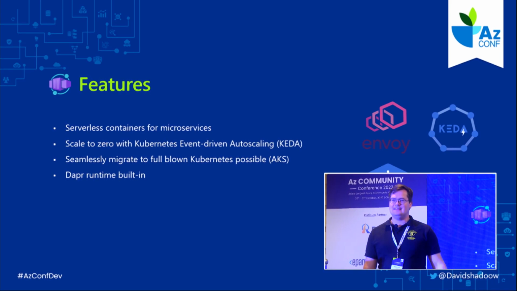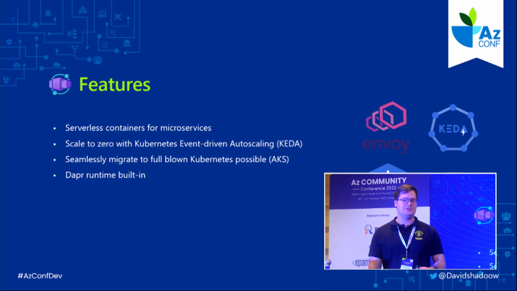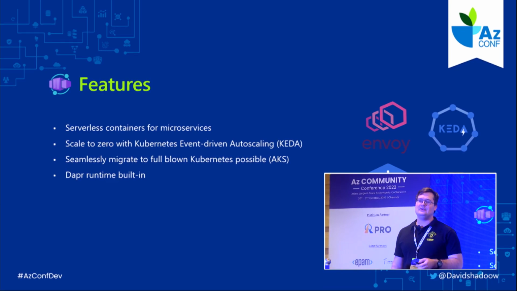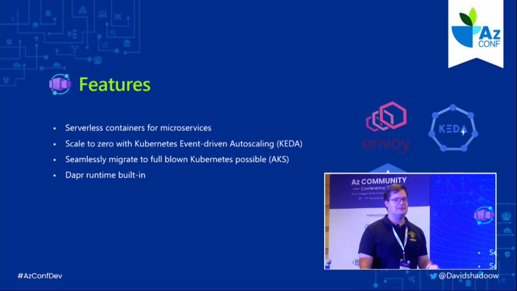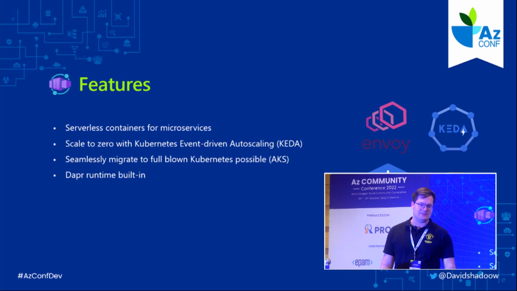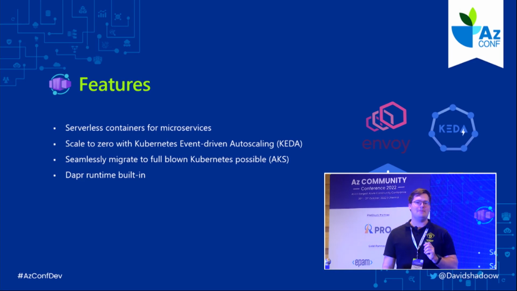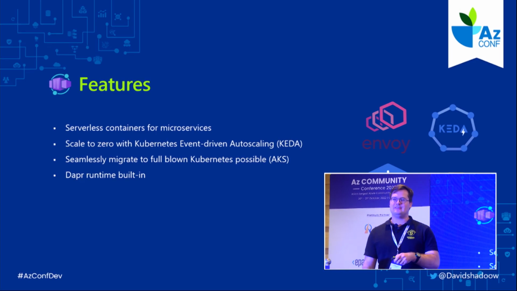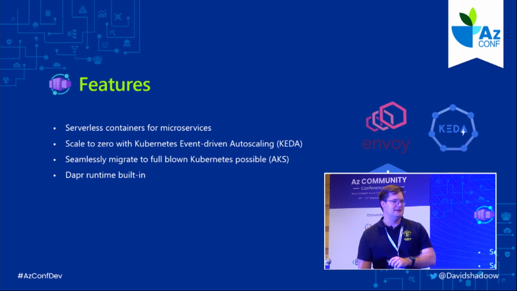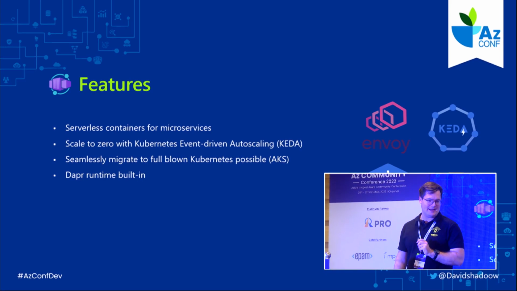And it has the DAPR runtime built in, which I think is really great, because you do not need to maintain your DAPR instance and your DAPR containers yourself. If you do not yet know about DAPR, no worries, because later in the presentation I will briefly explain what it is and why it's so great.